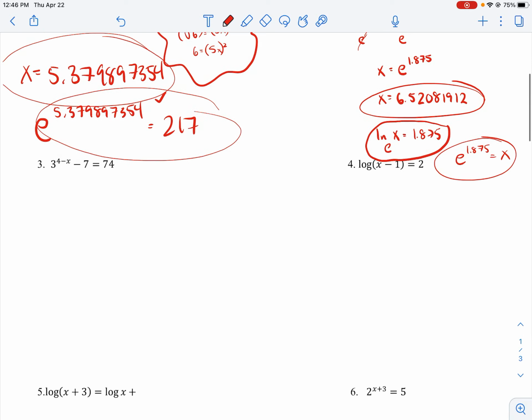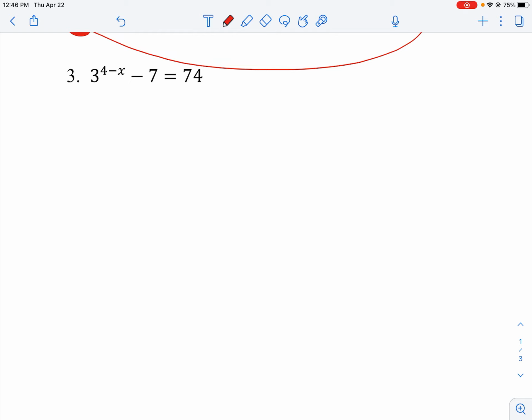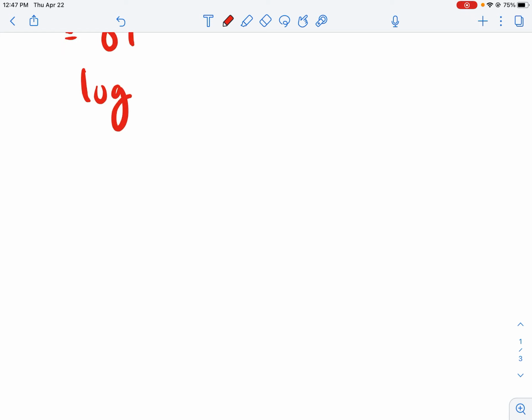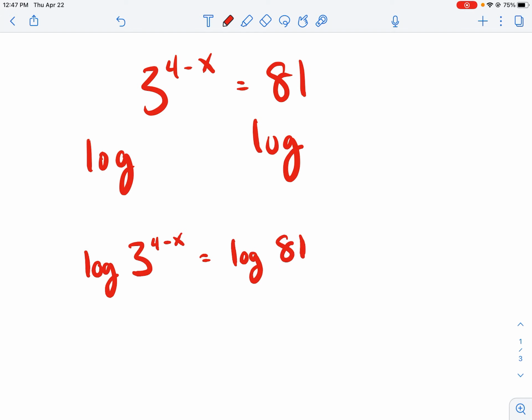All right, number 3. So this is like case 1. We don't have any logs here, so I'm going to have to isolate this guy right here first. So that'll be 81. Then I'm going to take the log of both sides. So I get the log of 3 raised to the 4 minus x equals the log of 81.